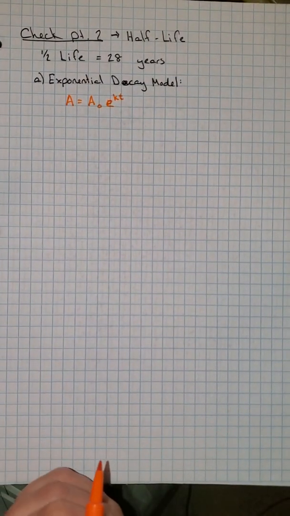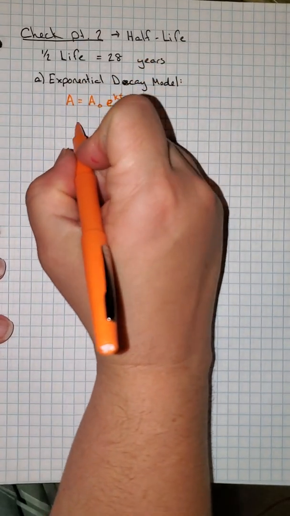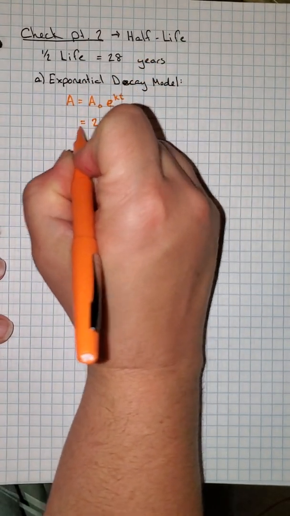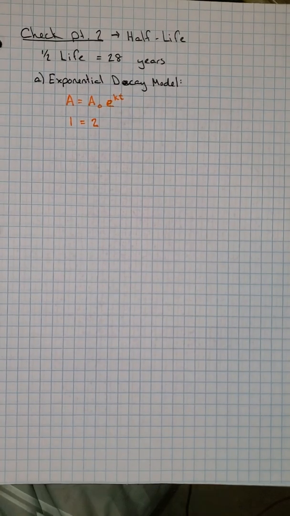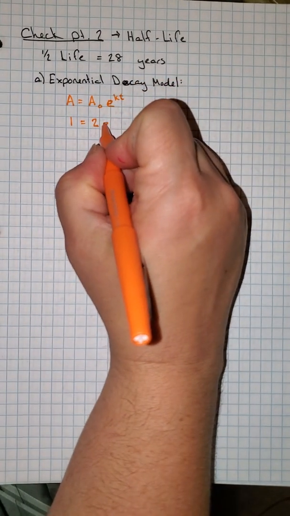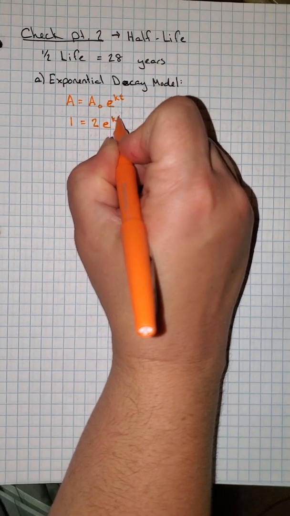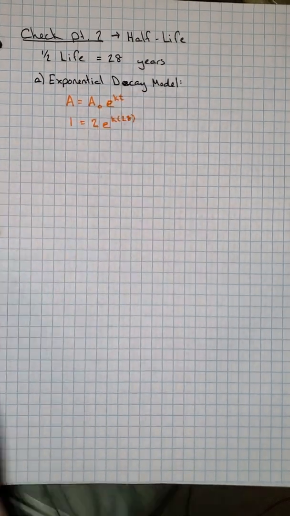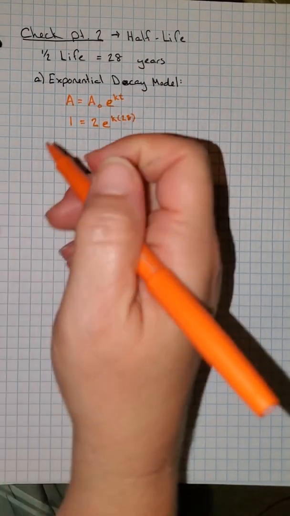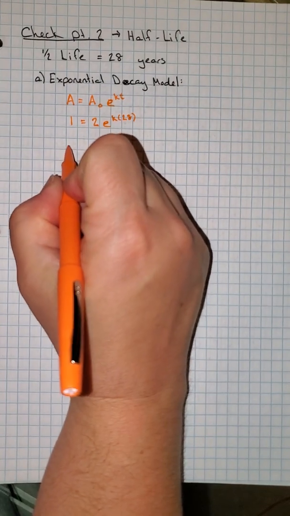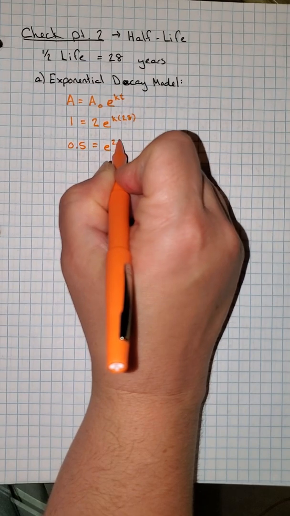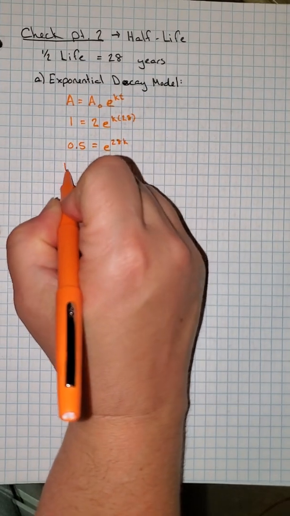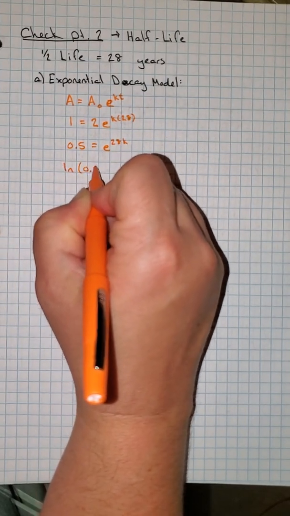It just needs to be that you end with half of what you begin with. So if we begin with 2, we end with 1. I think that's the easiest way to do it. And then we don't know k, but we know that it takes 28 years to get to half. So you divide by the 2, you get a half, or let's do 0.5, equals e to the 28k. Take the natural log of both sides.